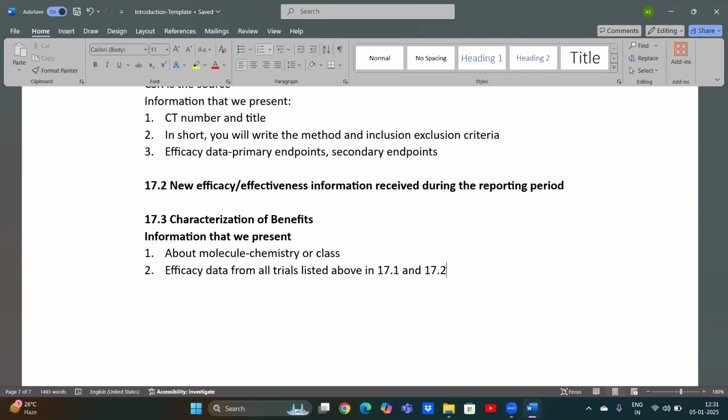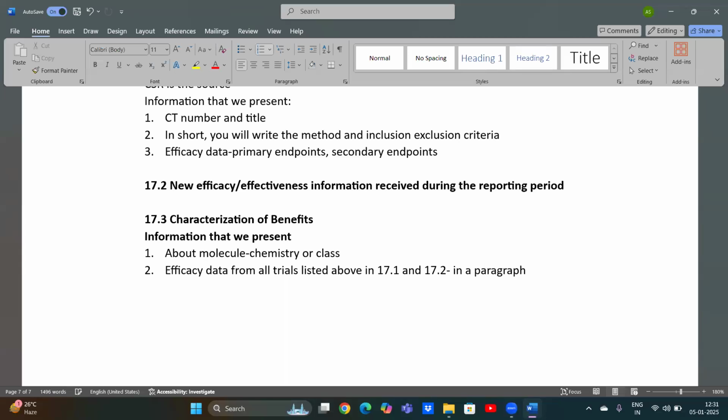The main objective you wanted to achieve from the trials will be provided in a line or two, or in a paragraph for all the trials. In a paragraph, not more than that.